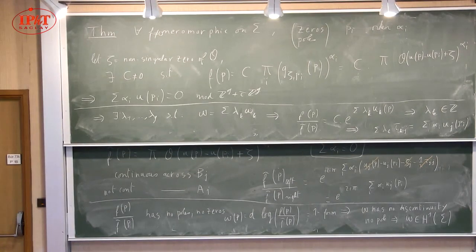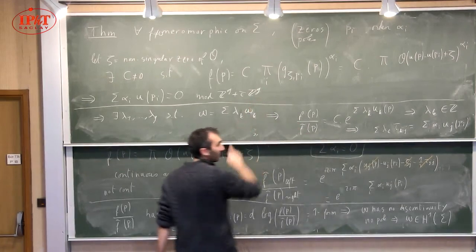Which exactly says that this sum of alpha I uj of pi is an integer combination of the taus, so it belongs to tau Z^g.